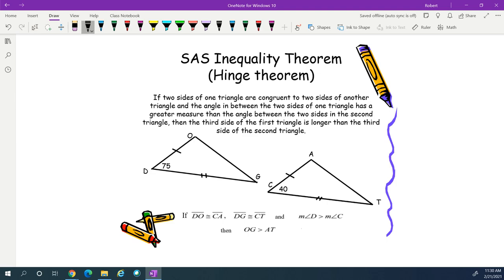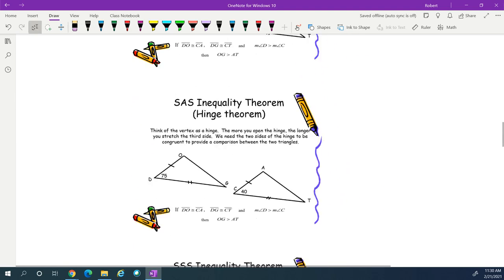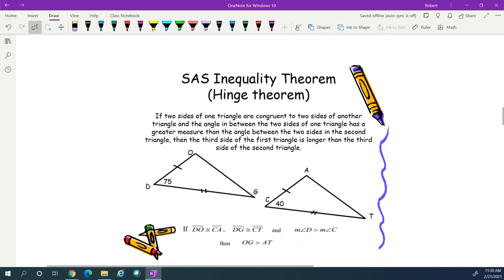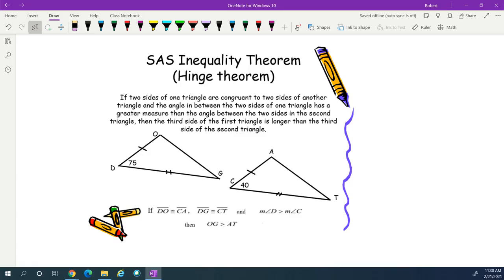Remember, we used SAS, side, angle, side, before, and we used that to determine if triangles were congruent. Here, we know they're not congruent.